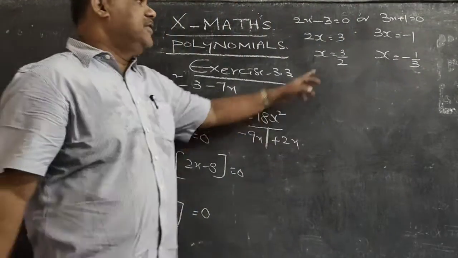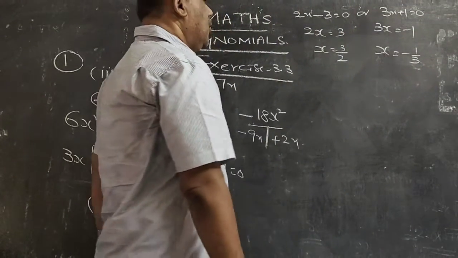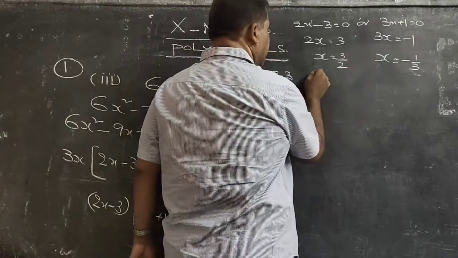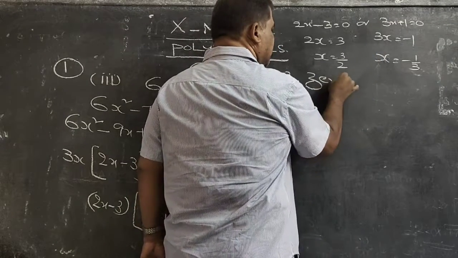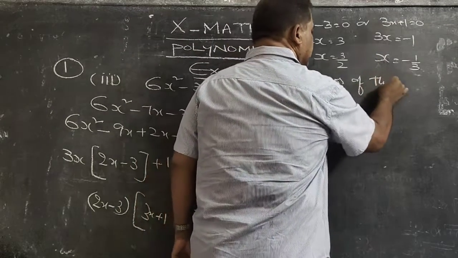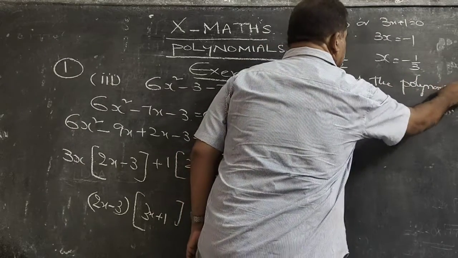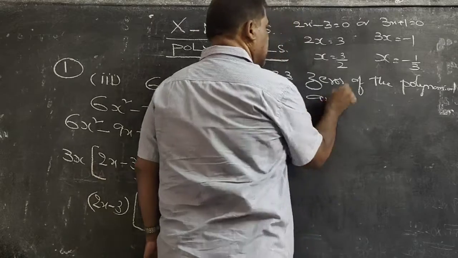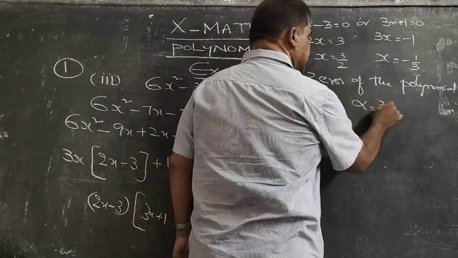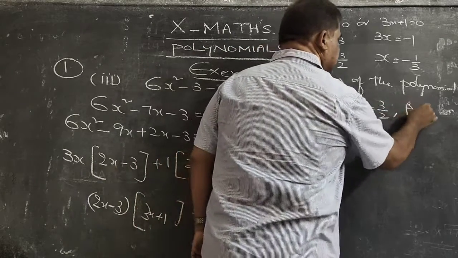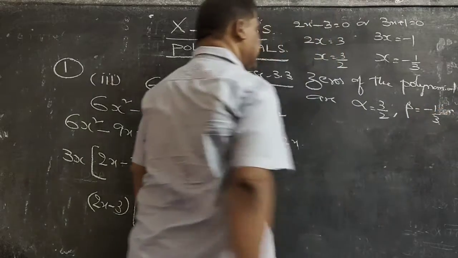So x is having two values, and those two values are called zeros of the polynomial. So the zeros of the polynomial are, first one is alpha, that is 3 by 2, second one is beta, that is minus 1 by 3.